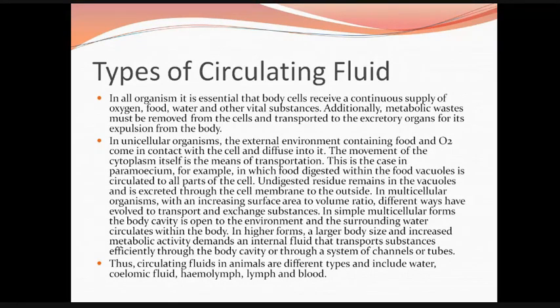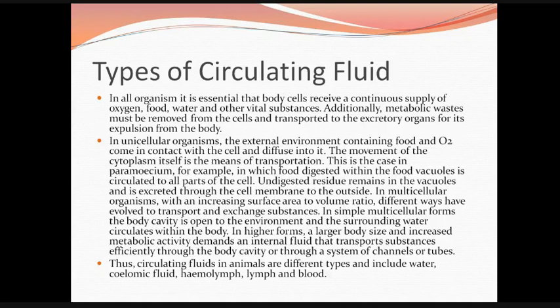In the unicellular organism, when the food is present in the external environment, directly oxygen comes into the cell by diffusion. Not only this, the cytoplasm has each and everything, meaning everything is transported within the cytoplasm. So they don't require extra circulating fluid.